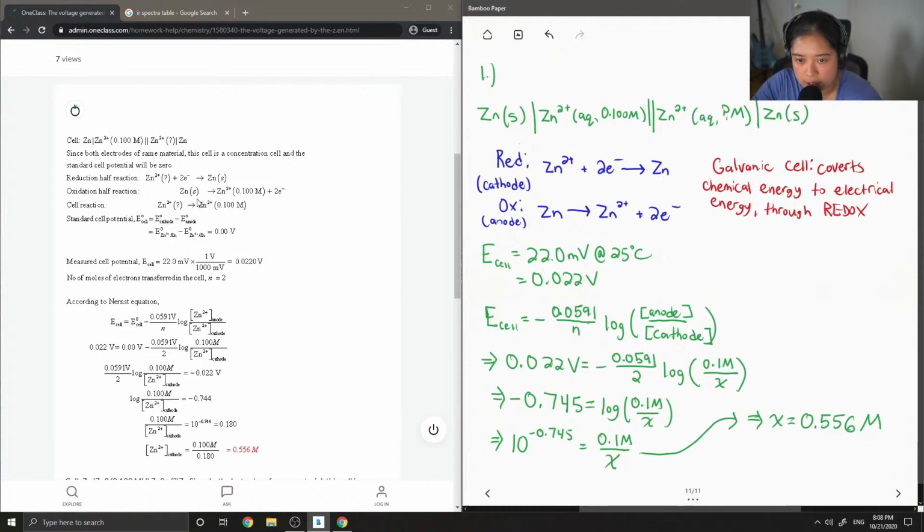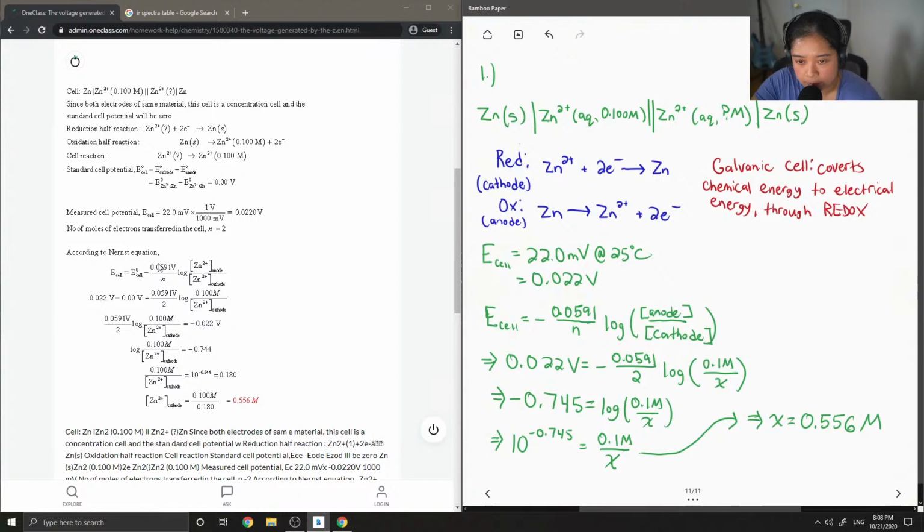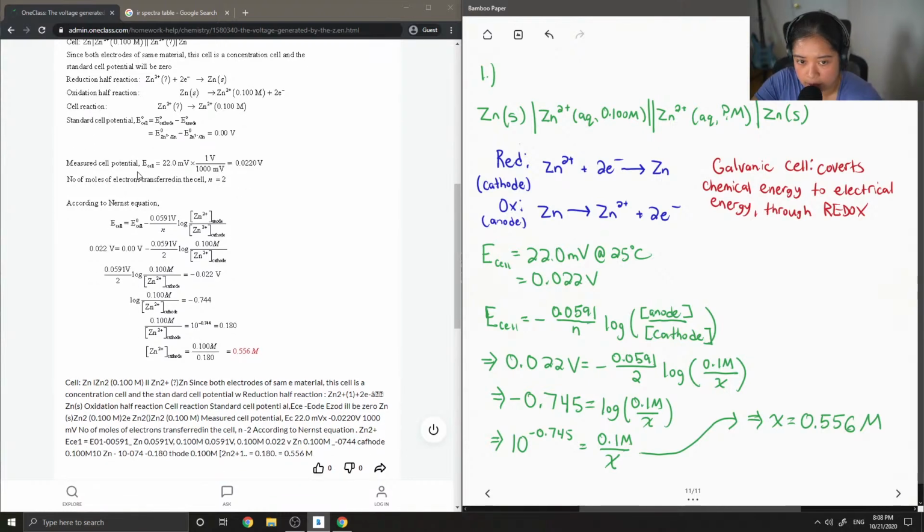Oxidation half reaction is the zinc solid to zinc 2 plus plus 2 electrons. The standard cell potential is E cell is equal to E cathode minus E anode. The measured cell potential is 0.022, and the number of electrons transferred is 2.